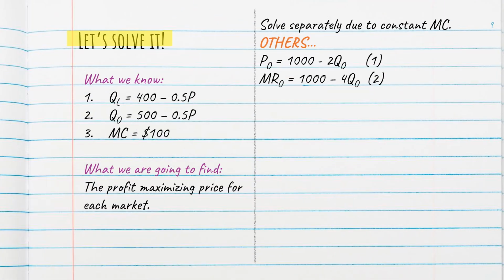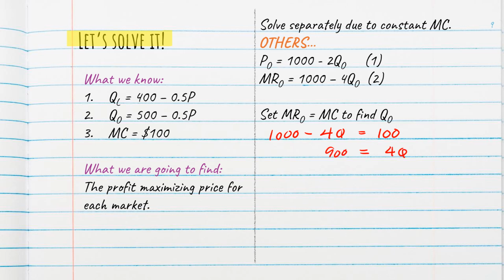With our inverse demand and marginal revenue function for the other market, we can now find the profit maximizing quantity and then price. First, we set marginal revenue equal to marginal cost in the other market. So we have 1000 minus 4q is equal to 100. From there, we solve for q. I move the negative sign over, so 4q is equal to 900.